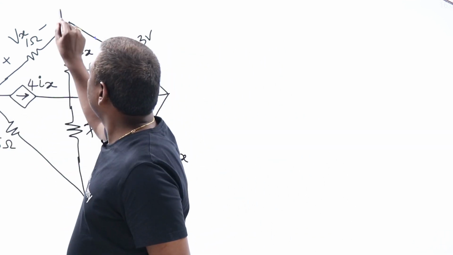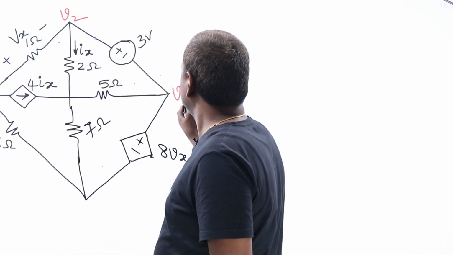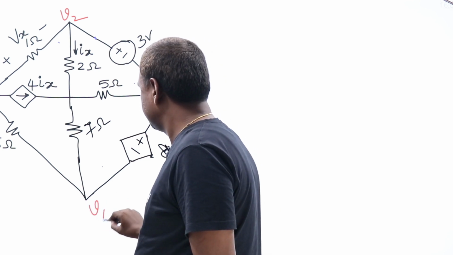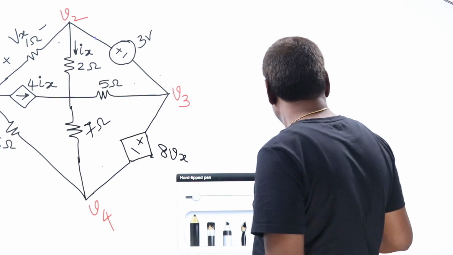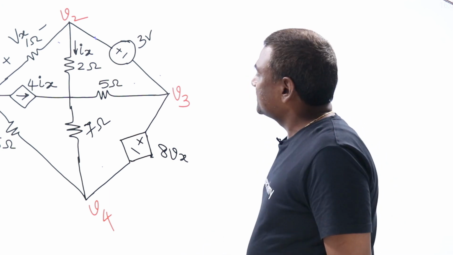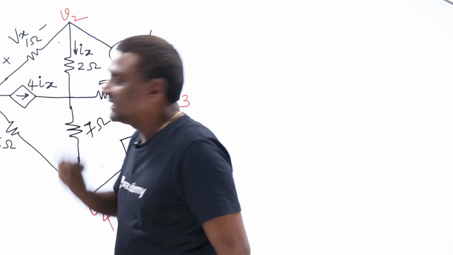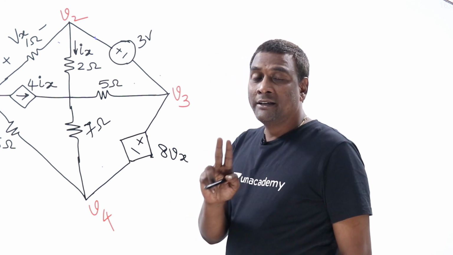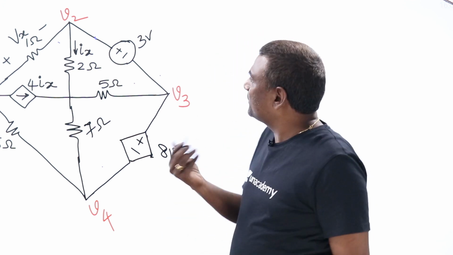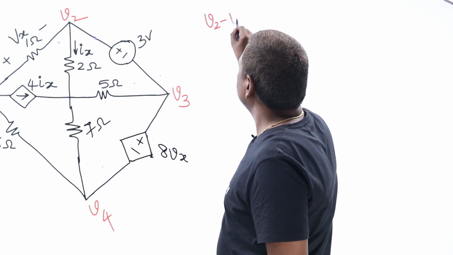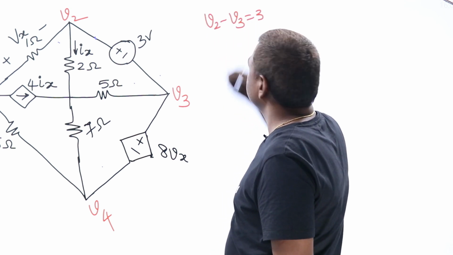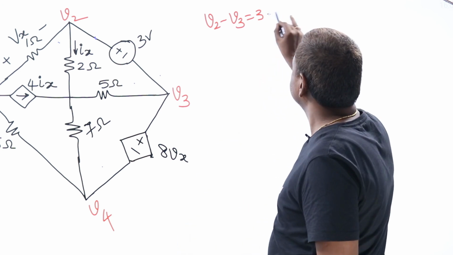This is V1, V2, V3, V4. Now let us write the equations. 2 times KCL, 2 times relation. Let me write the relation first. V2 minus V3 equal to 3. First relation.